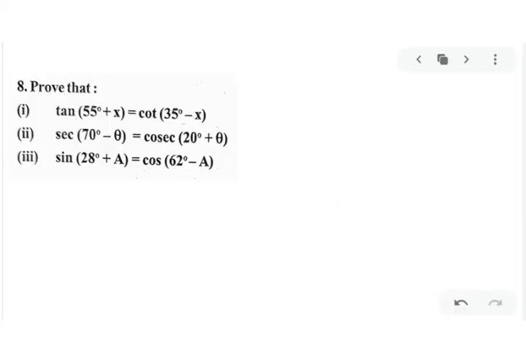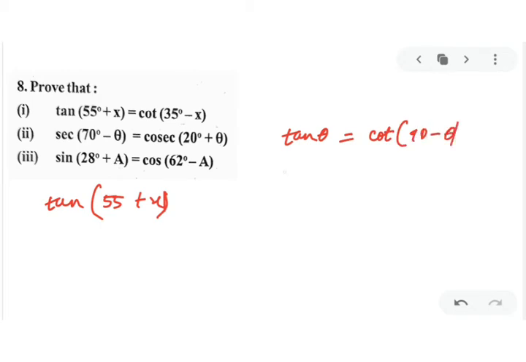Next I am taking your proof that tan(55 + x) should be equal to cot(35 - x). Now my dear kids, if it is tan θ, then I write cot(90 - θ). If it is tan x, then I will write cot(90 - x).